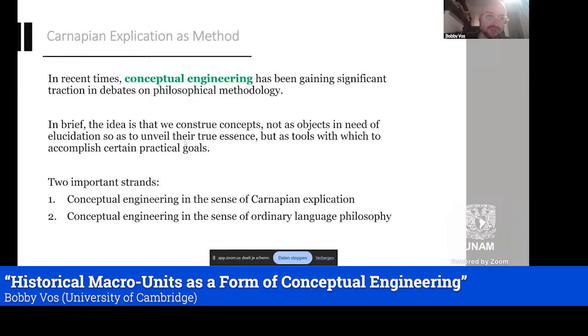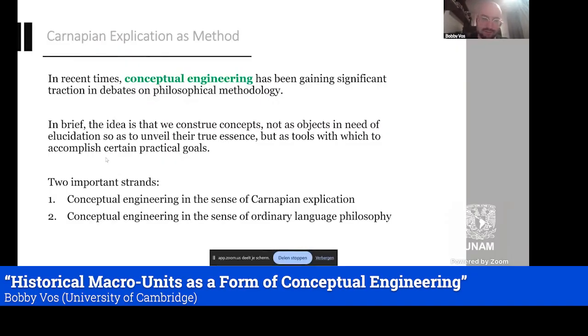So just a few introductory words then on this method of explication, which I said is the lens through which I'll be approaching conceptual engineering. Conceptual engineering broadly, if I just give my one-line definition, is the idea that we construe concepts not as objects in need of elucidation so as to unveil their true essence, but as tools with which to accomplish certain practical goals. There are many ongoing debates on the exact nature of conceptual engineering.